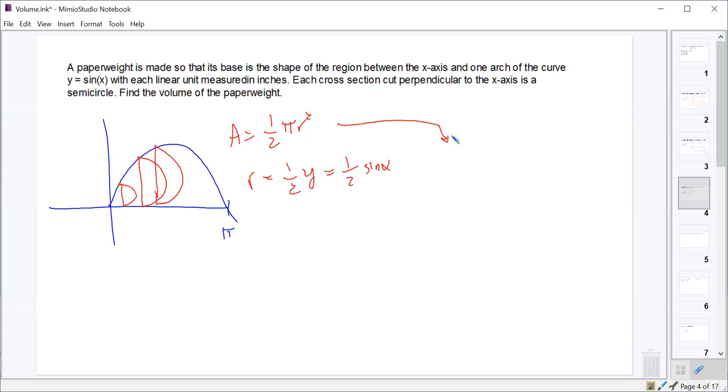So what does our full area formula come out to be? 1/8 pi sine squared x. Exactly. So this is 1/2 pi times 1/2 sine x squared, which gives us a 1/8 pi out in front, and an integral from 0 to pi of sine squared x dx. Everybody good or no?